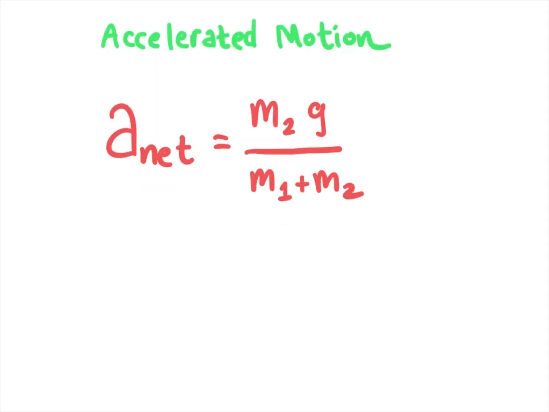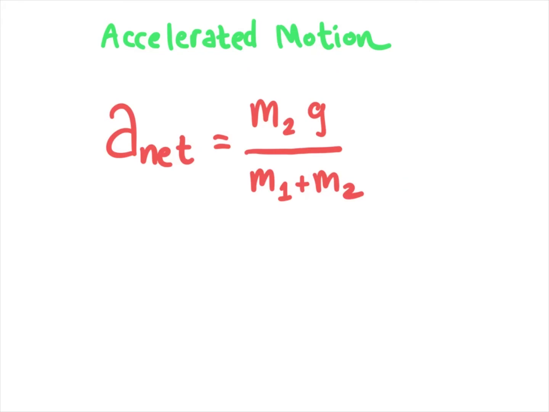Using the previous expression, we can apply a little algebra and rearrange it to get it in the form that looks like here. And again, it involves values that we either know or that we can readily measure. In either case, we'll have a value for the net acceleration of the system.